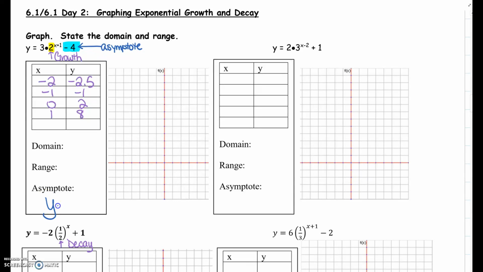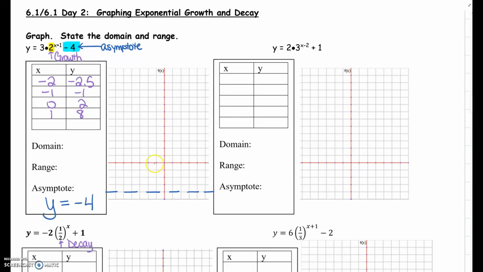So our asymptote is y equals -4, and I'm going to go to that horizontal line at -4 and draw in a dotted line. I use a dotted line because it's not actually part of the graph. It's just going to be a guide to help me when I connect my points.